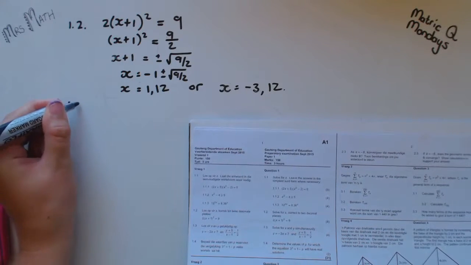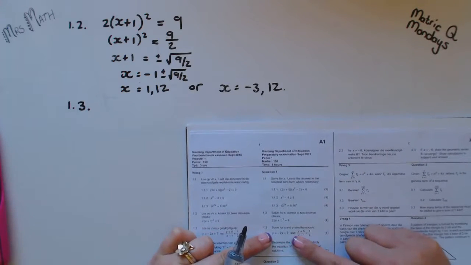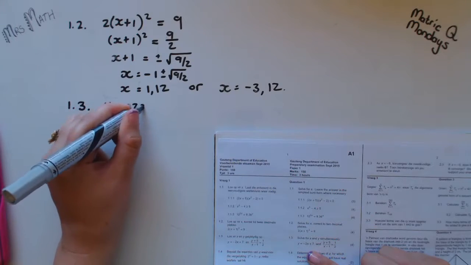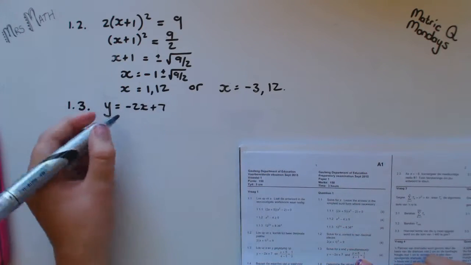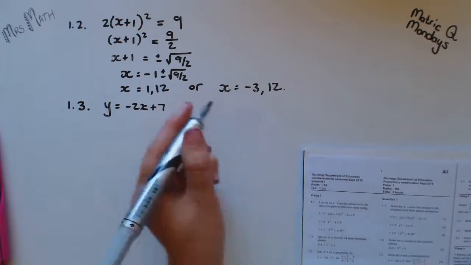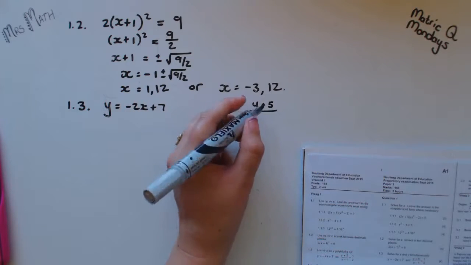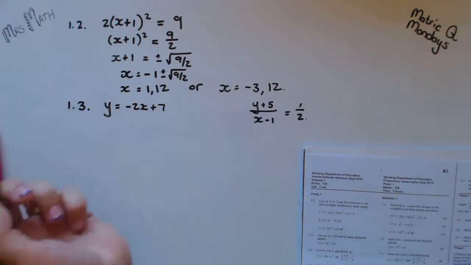Okay. Then 1.3 says solve for x and y simultaneously, and they give me y equals minus 2x plus 7, and also, let me write it on this side, y plus 5 over x minus 1 equals a half.